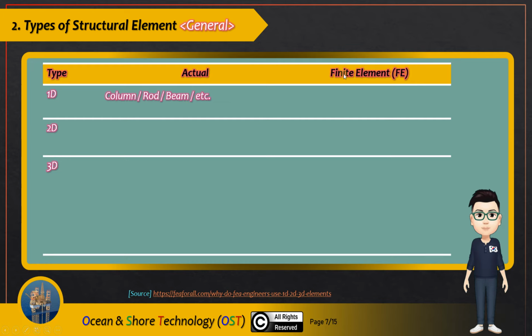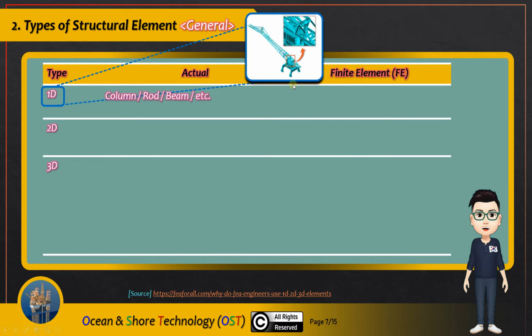In the finite element case, this is the application, a crane structure. You can see the members here, 1D slender members. In the finite element we consider this as a length element, or 1D element, or line element, so the shape and the nodes will be like that.